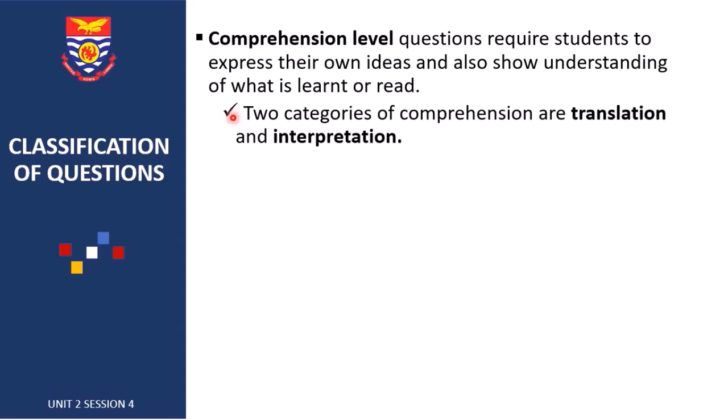They are the translation and interpretation. The translation requires that a student restates, paraphrases ideas or statements without changing their meanings, while interpretation requires students to relate and compare things.